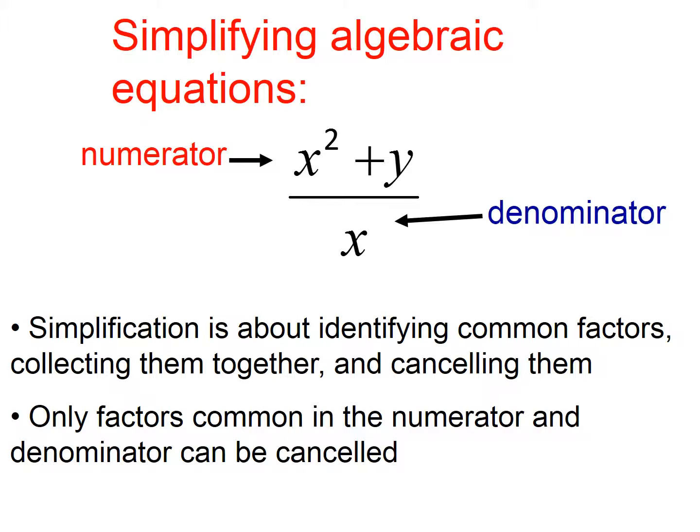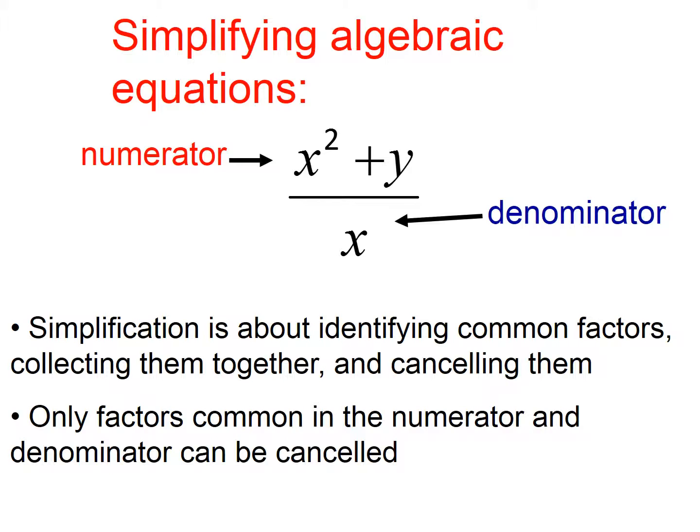You can only group together common factors. A common factor is something you can divide the number by. In this case, can you divide x squared plus y by x? You can't.